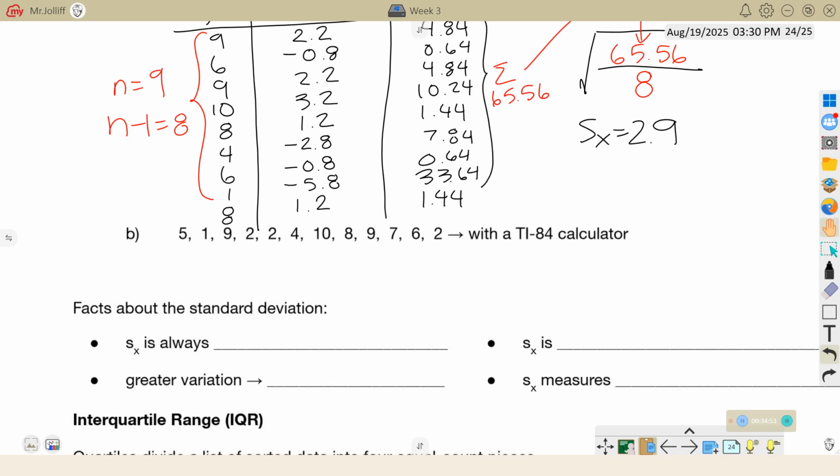So stat first, and then enter. There we go. And then the numbers. Anytime you want to get out of anything, second mode. Okay. Good. And then stat. And then enter. No judgment. And then the numbers in list B. So 5, enter, 1, enter.